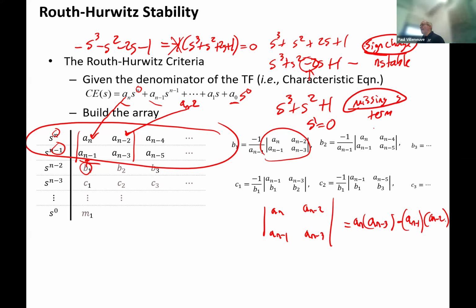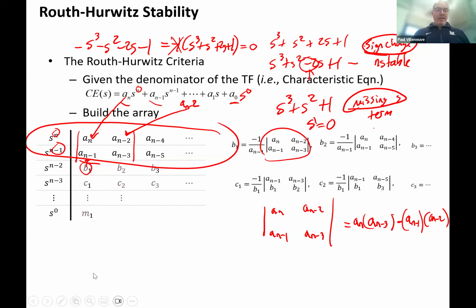That's just the determinant. It's a linear algebra thing. I know a lot of you haven't had linear algebra, but that's basically what that means. So anytime you see this determinant expression, you just go ahead and use that. So to solve for B1, negative 1 over a_(n-1) times the determinant of there.